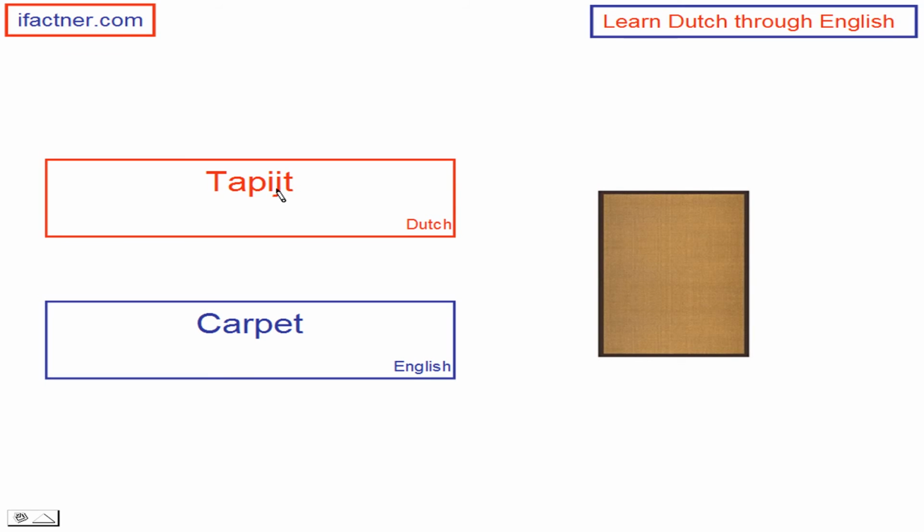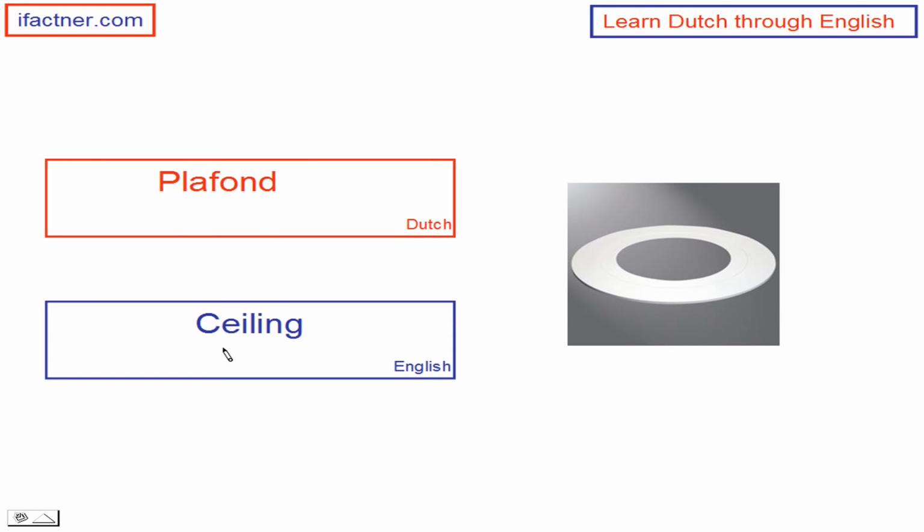The ij is pronounced as ei, tapijt. T-A-P-I-J-T, tapijt. Ceiling is plafond, P-L-A-F-O-N-D, plafond.